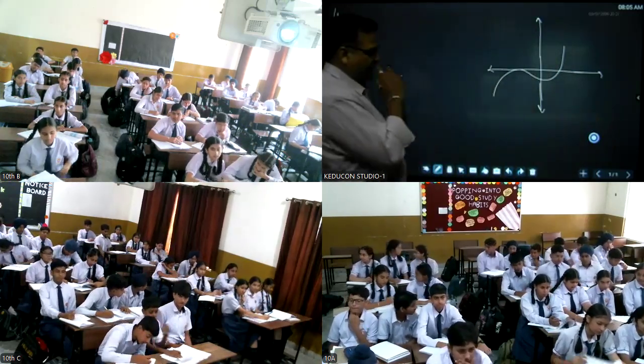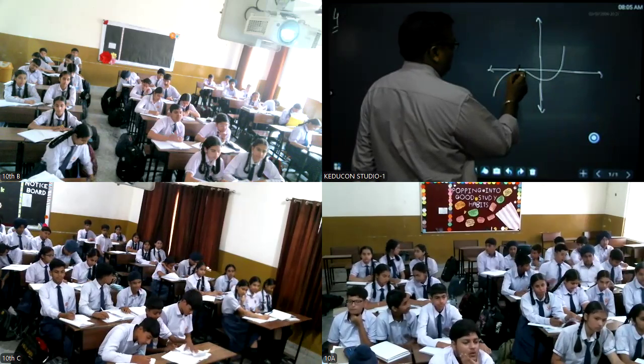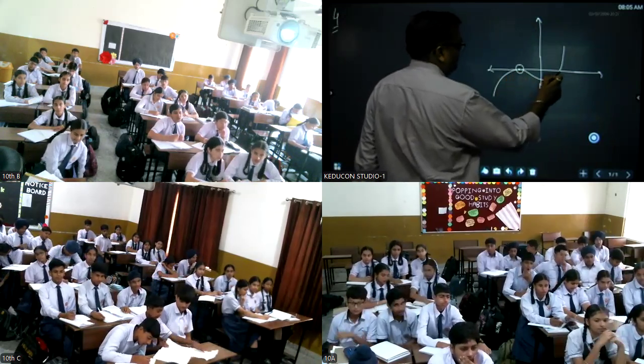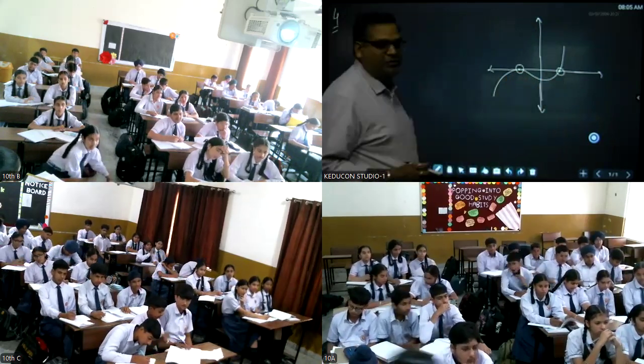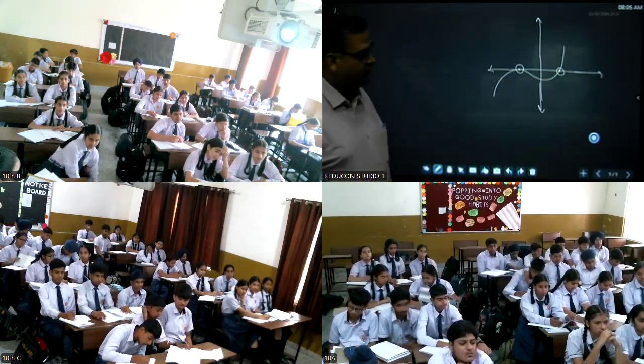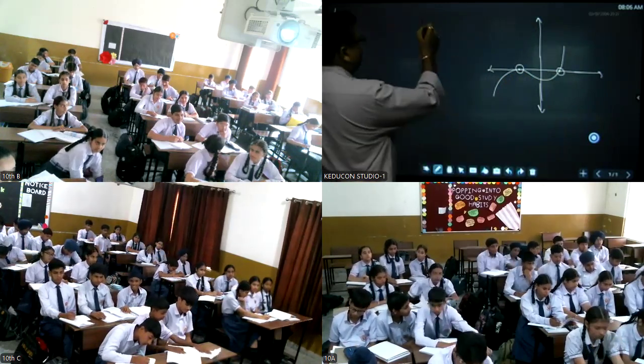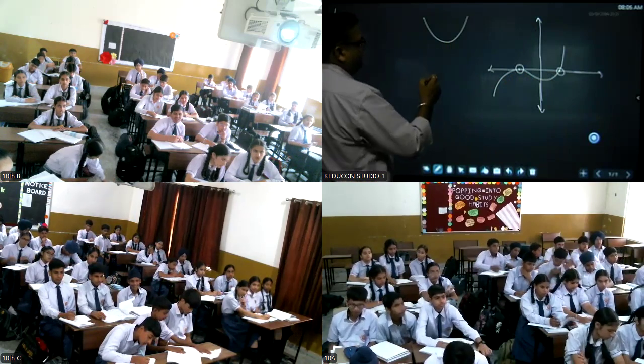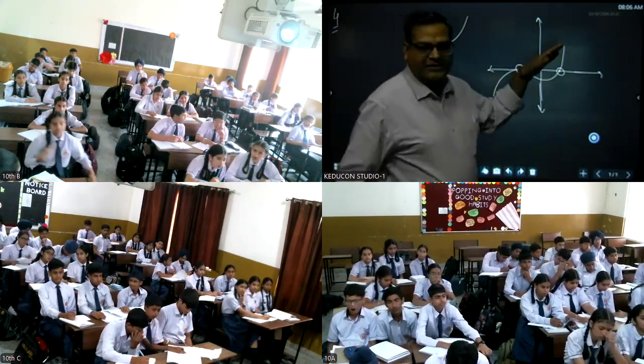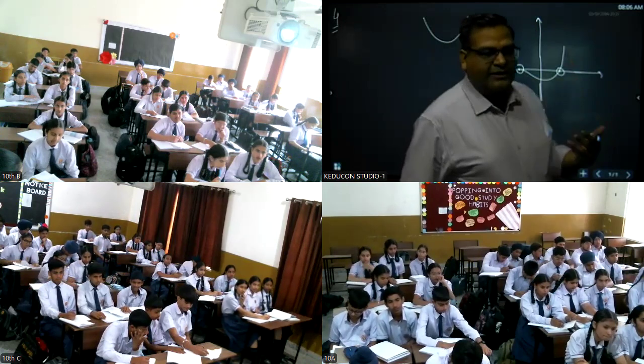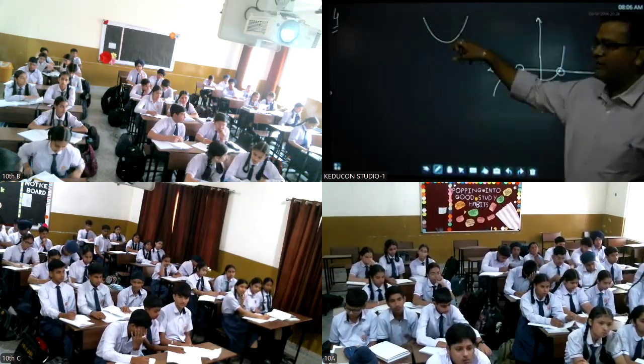Now, how can you say it's a quadratic polynomial? Because it has two zeros. No, bache, it is not a quadratic polynomial. Why? A quadratic polynomial is always like this, whether above the x-axis or below the x-axis, right? But it has to be a parabolic graph.